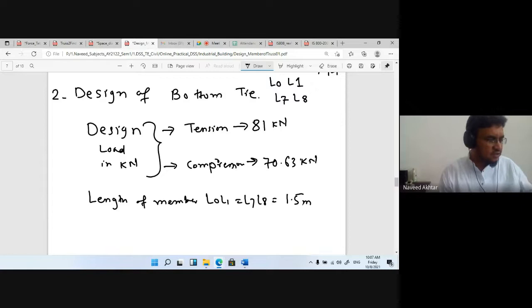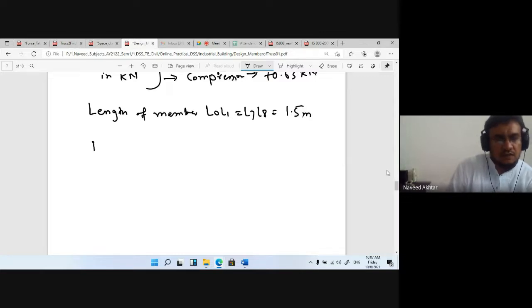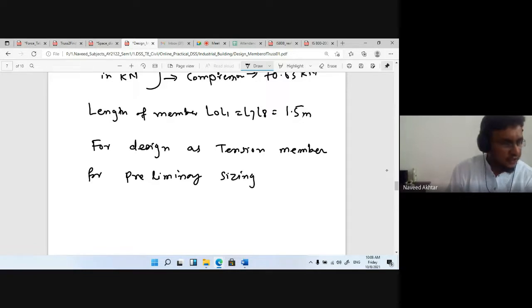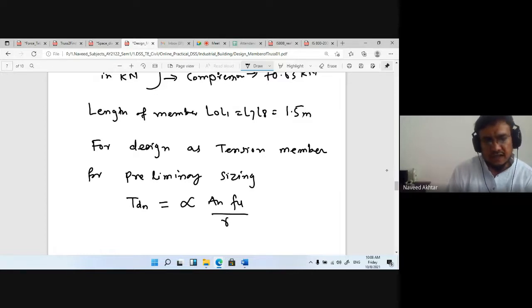Design of tie member. So how to design this member? Design of tension member for preliminary sizing: TDN is equal to alpha AN Fu upon gamma M1.